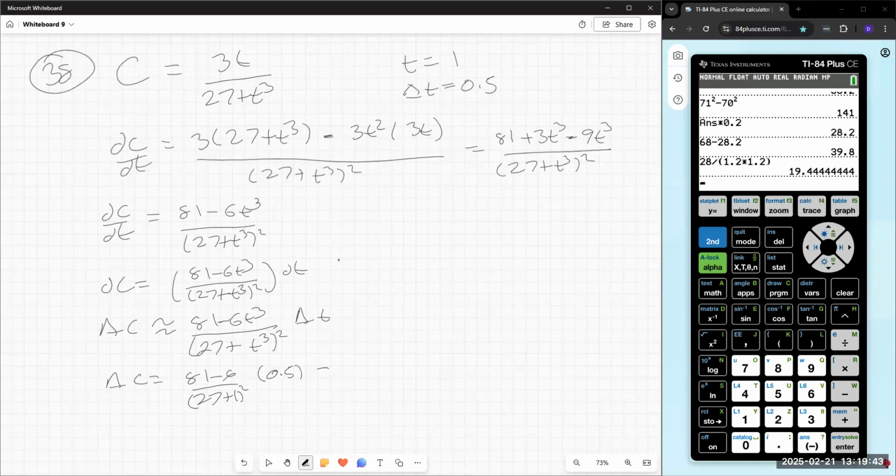So that's 81 minus 6 is 75, over 28 squared.